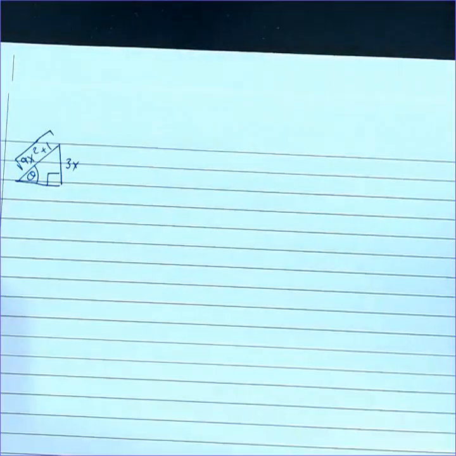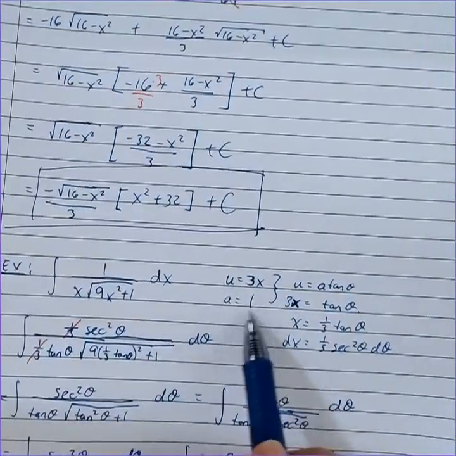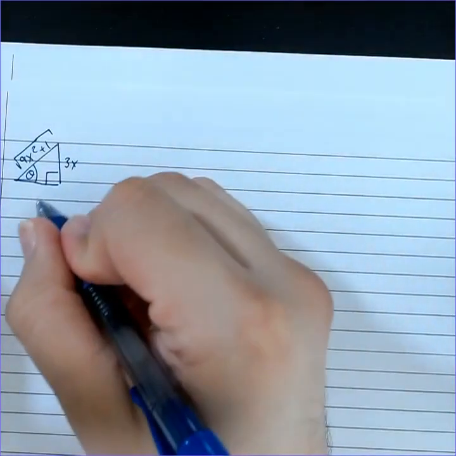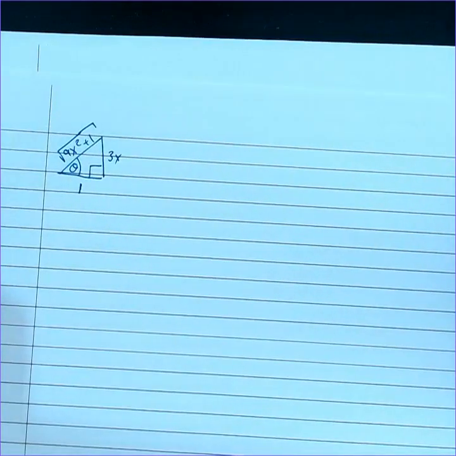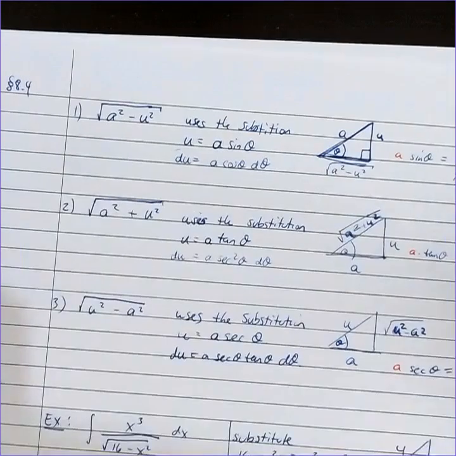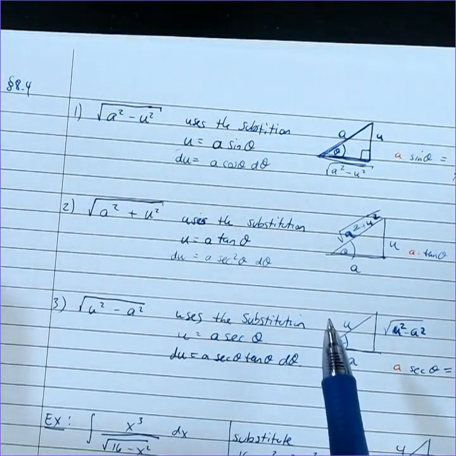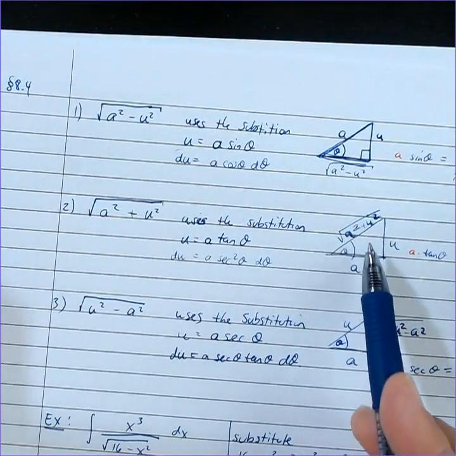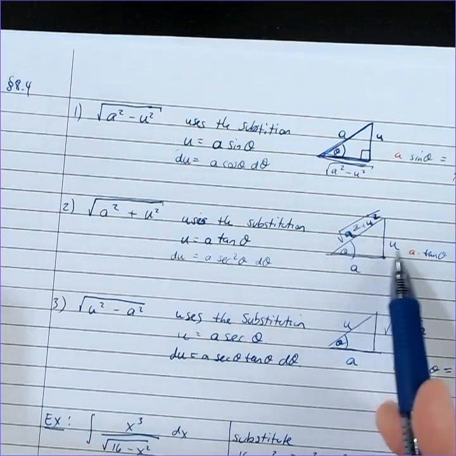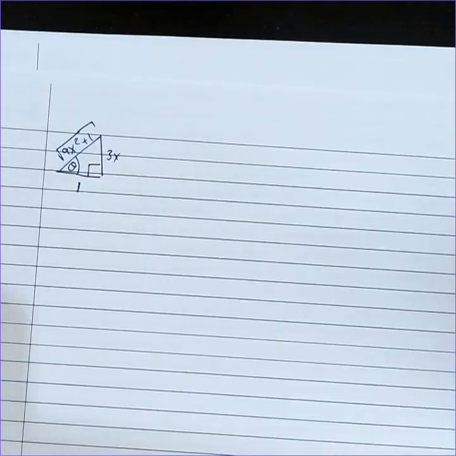And a, which was the number 1, that'll be the remaining side. Okay. So this triangle represents this expression. But now, with that triangle, we can express any trig function of theta with respect to these three side lengths, or in other words, with respect to x.